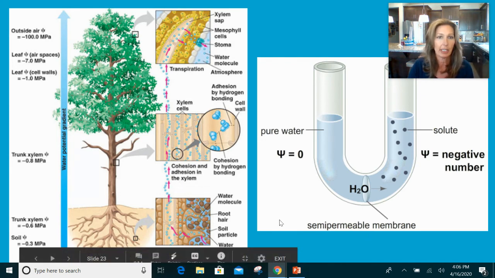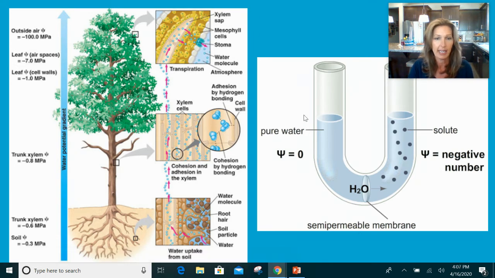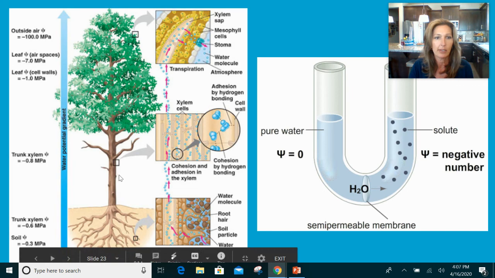Now, if I take a look at my plant, and water potential and how it leads to the movement of water through a plant, if I look at where my water is going from the soil to the trunk of the tree, I'm going from higher water potential to lower water potential. Where's the absolute lowest of the lowest water potential?